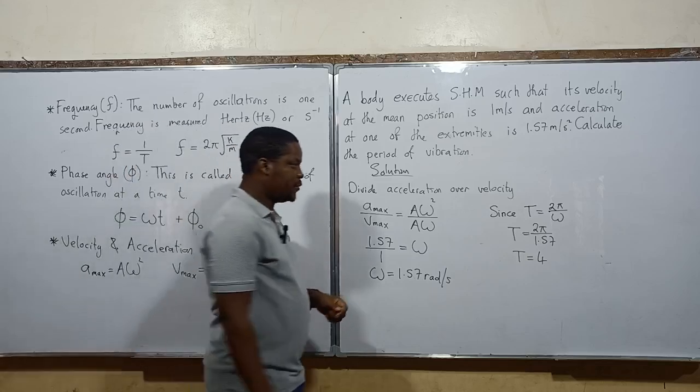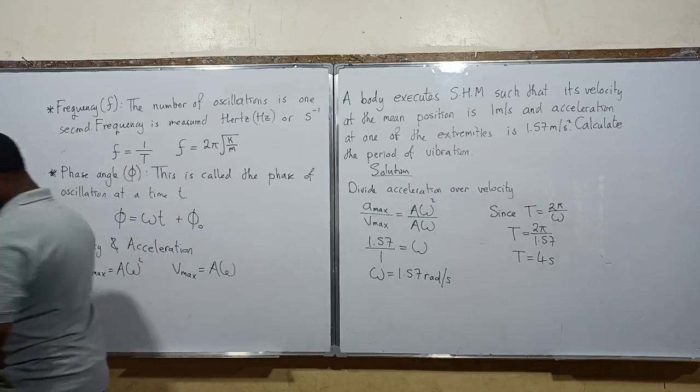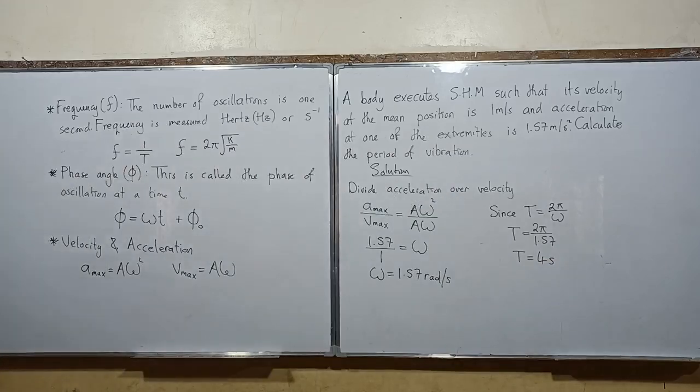It's period, so units are seconds. What is difficult now? Please take note of the questions we are answering in the tutorial sheet. By the time we finish this topic this week, we should have done everything in this tutorial sheet.